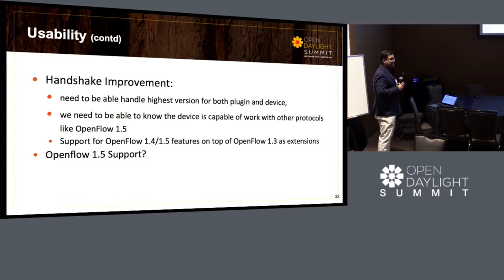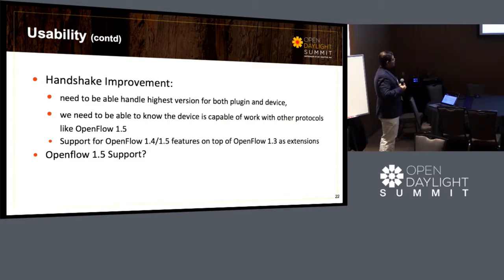The handshake improvement is one part, and we need to be able to know what the device is capable of to work with other protocols. On the handshake improvement part, we have a certain amount of work. Feel free to take up or suggest some things as a part of the work for this release.